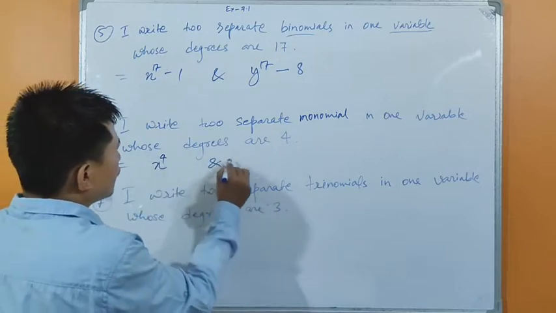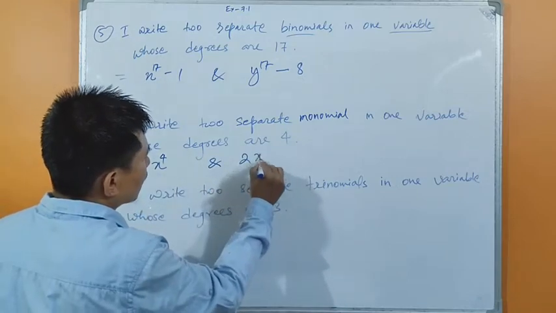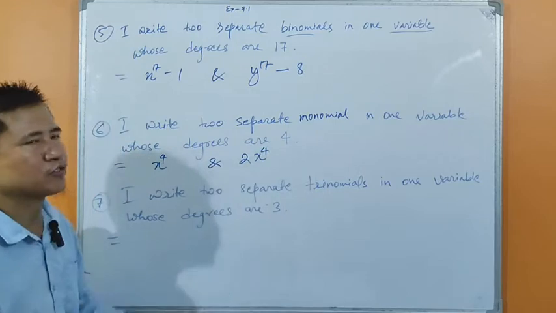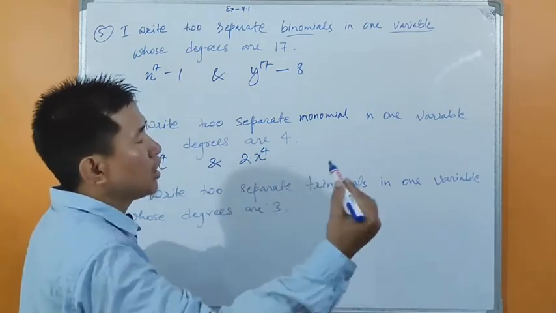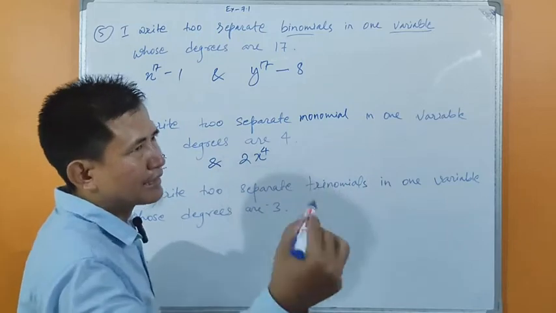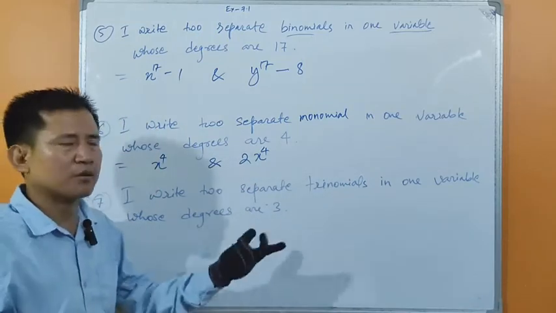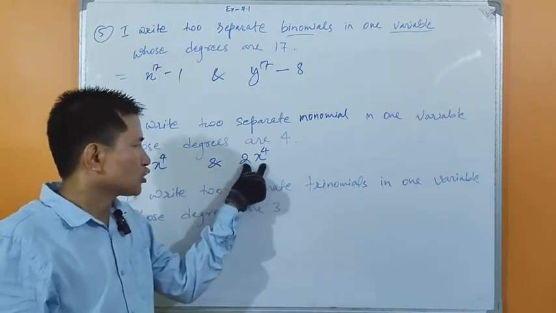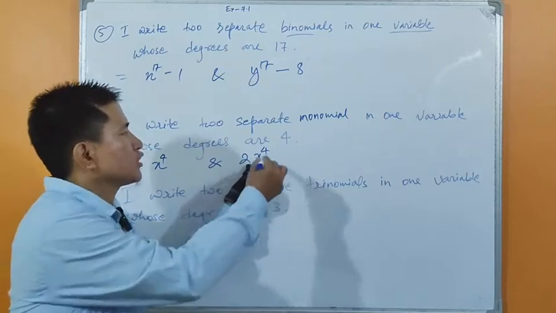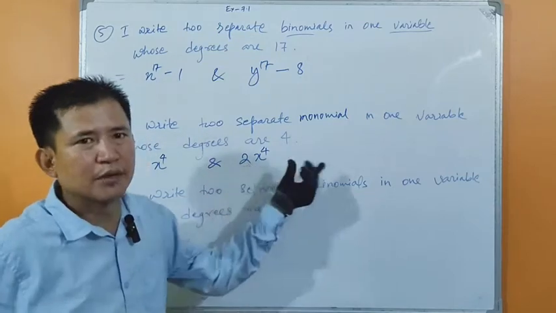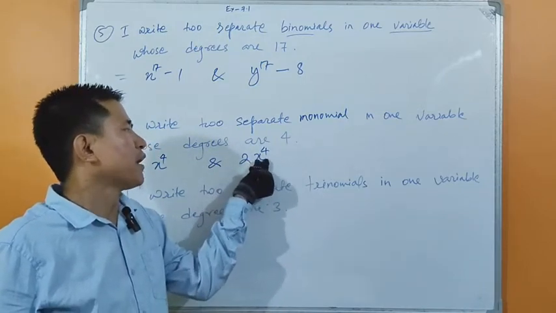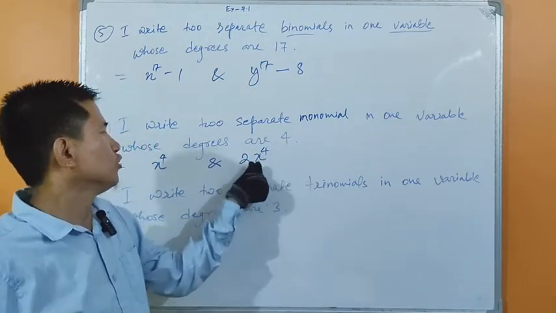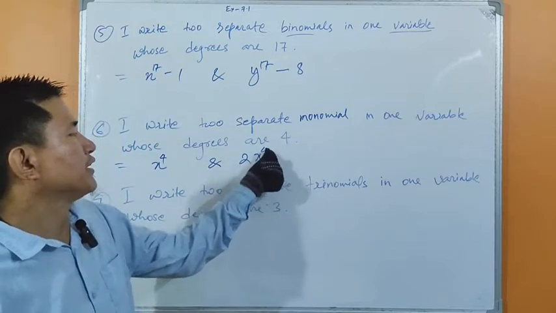You can also write 2x to the power 4 or 5x to the power 4 or 8x to the power 4 or 8y to the power 4 or 8t to the power 4. All these are monomials because there is no plus sign or minus sign separating two terms. This is only a single term and the power of the variable is 4. So the degree of this monomial is 4.